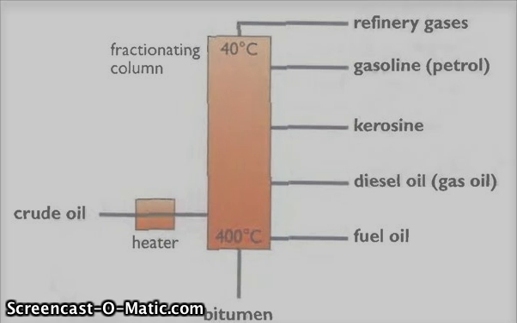The trays also collect the various liquid fractions, and the liquid fractions would be passed on to storage tanks, which would cool them further, or go to other chemical processes.